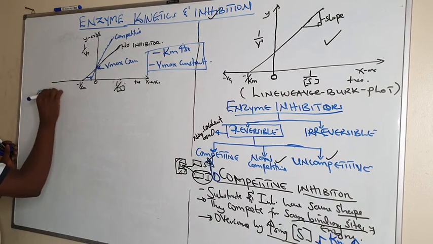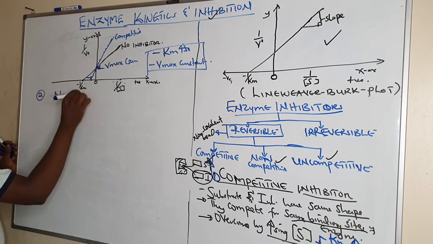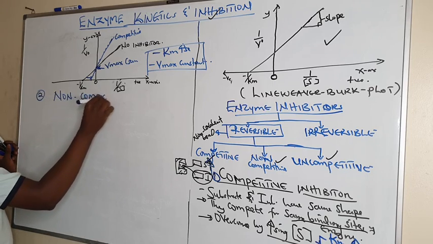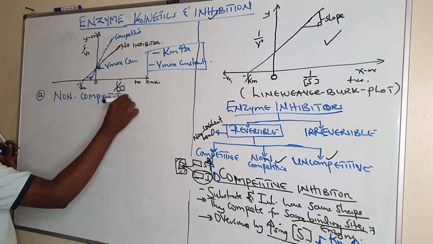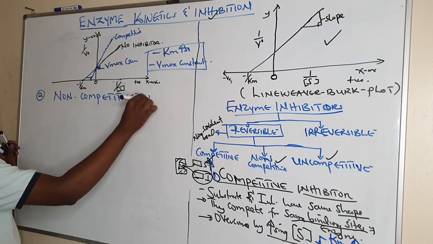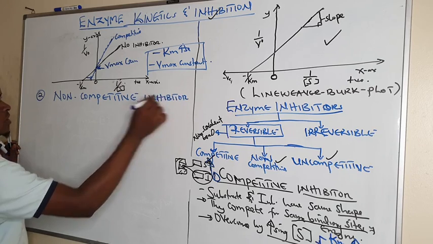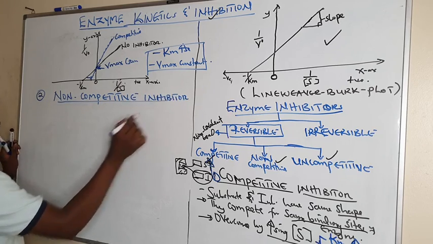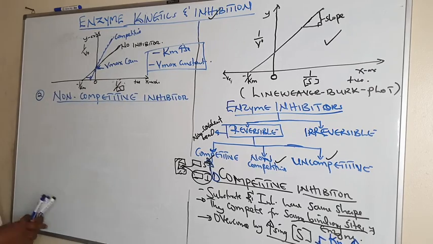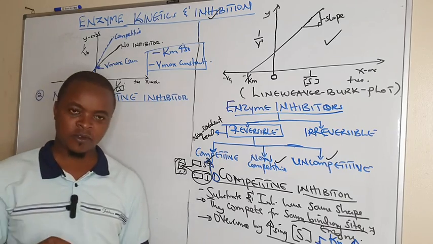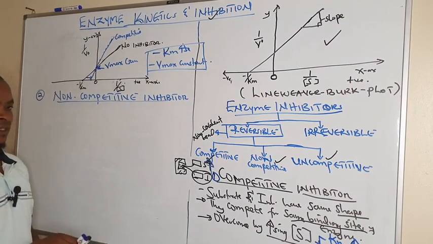Another type of reversible inhibition is non-competitive inhibition. So if we have a non-competitive inhibitor, as the name suggests, non-competitive, meaning there is no competition.